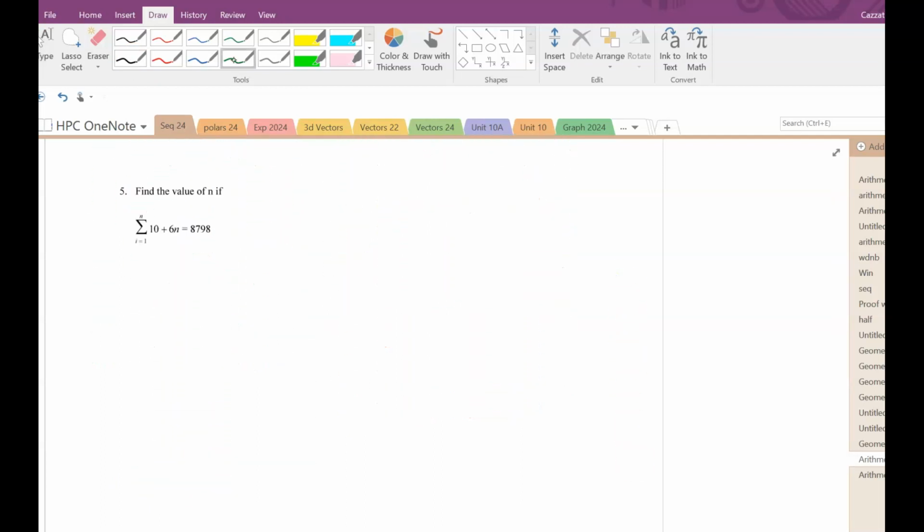If you look at problem number 5, this is similar to number 4. If you plug in i to be 1, you will get 16. If you plug in i to be 2, you'll get 22. If you plug in i to be 3, you'll get 28. And then the last term you plug in is n, so that's 10 plus 6n, and that's equal to 8798. So you can see that this is very similar now to the previous problem.